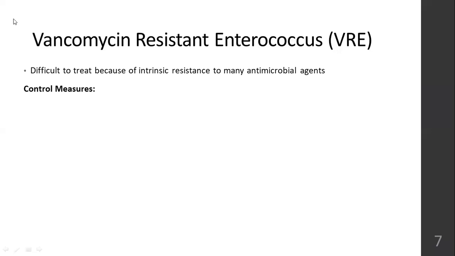So control methods for VRE. Judicious use of antibiotics, only and only if it is required. Go for higher classes of antibiotics. Otherwise, do not touch that. Consider those antibiotics as a reserved group of drugs.